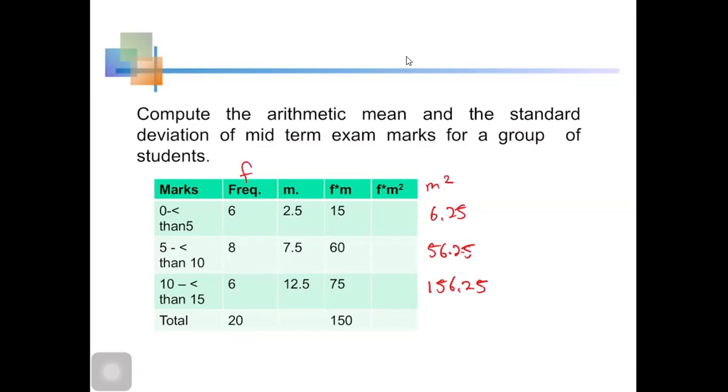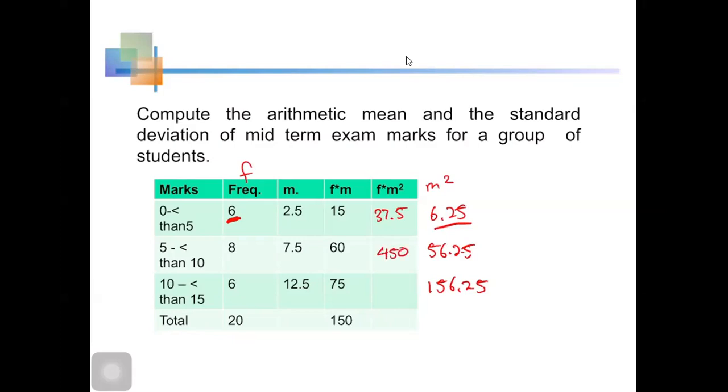Then after that, we need to calculate our frequency times M square. The first one, 6, sorry, not add, multiply. 6 times 6.25 is 37.5. Then 8 times 56.25 is 450.